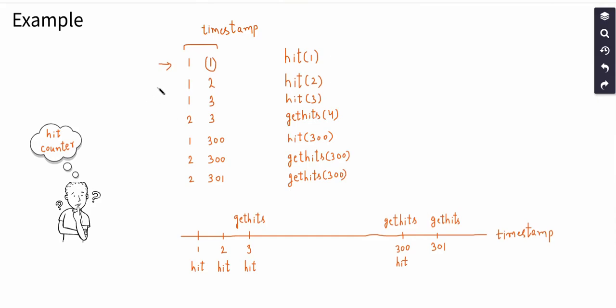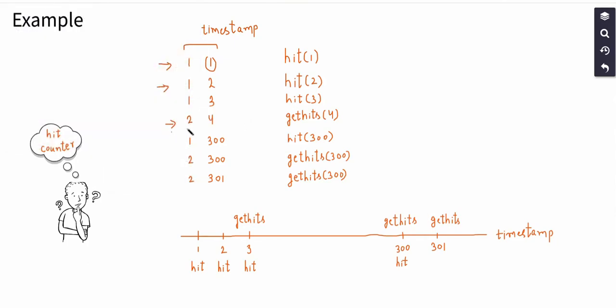Then in the next query we again have a type 1 query where we call the hit function at timestamp 2, and so on. Then in the fourth query we can see we have a type 2 query and the timestamp is 3. It is saying give me the number of hits that I have performed in the last 5 minutes till timestamp 3.